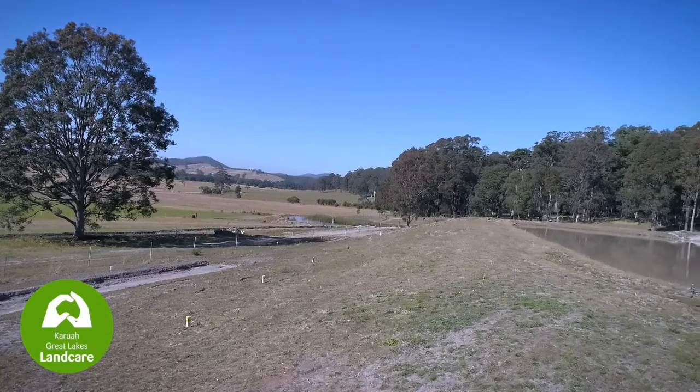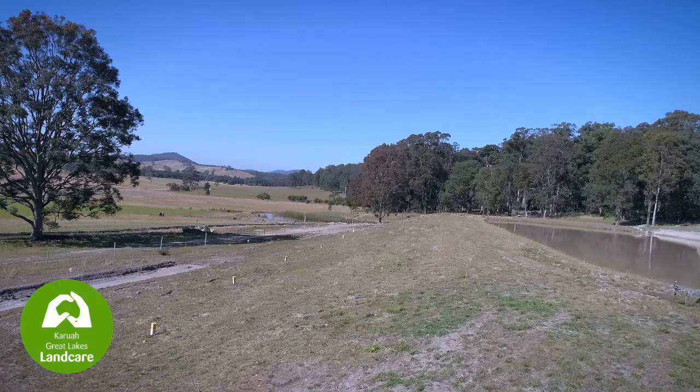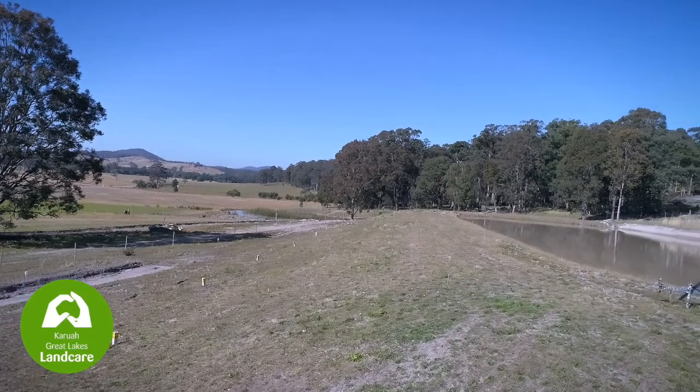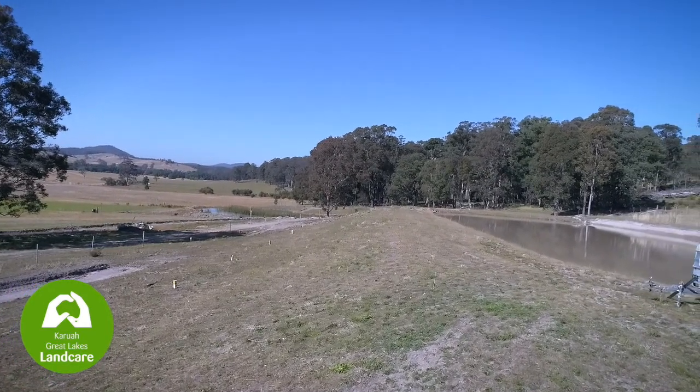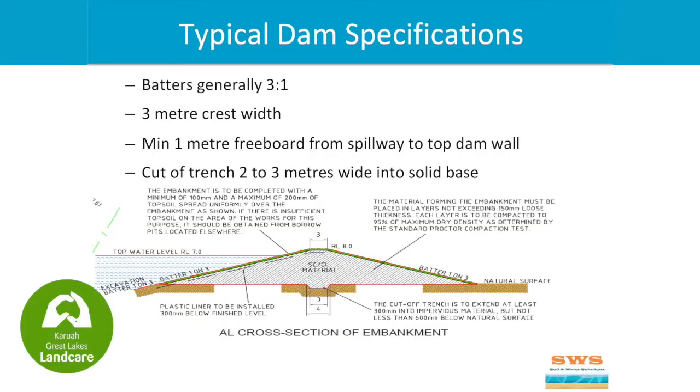The embankment generally is the wall of the dam, and as a minimum, we like to have 3 to 1 batters on our dams, upstream and downstream, so above and below the catchment area. We generally like the crest of our wall to be 3 metres wide. 3 metres wide allows for vehicle traffic as well as providing that area to solidly compact the wall and stop it from leaking. So they're the components of the wall.